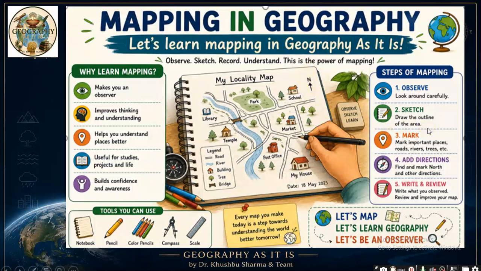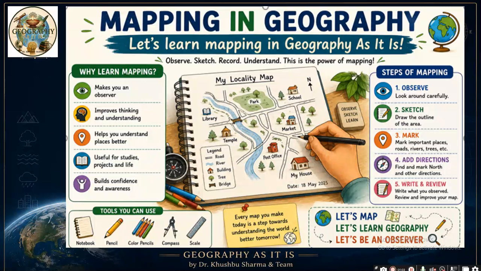These local maps have very important features which talk about the direction and the location of spaces like park, school, market, and your nearby locality, different important elements, as well as physical phenomena located in that particular area.